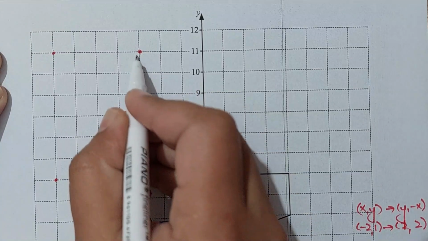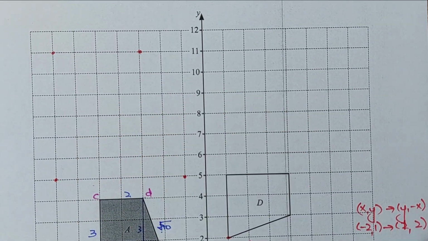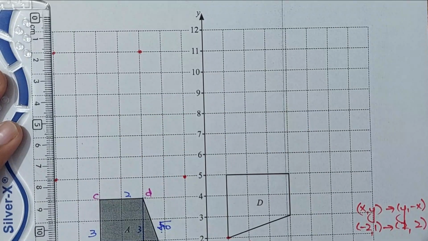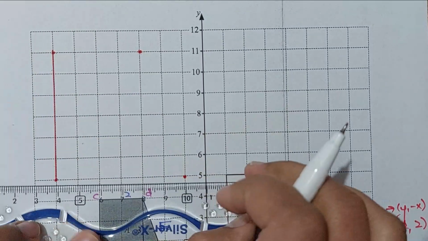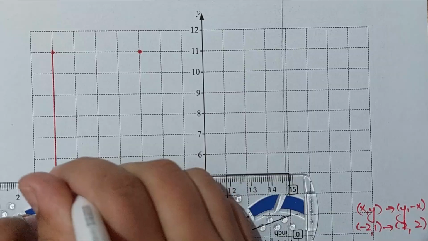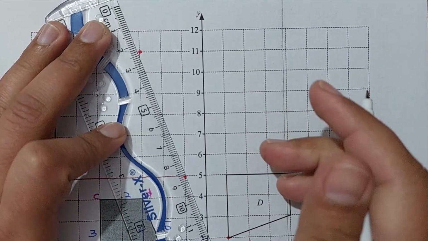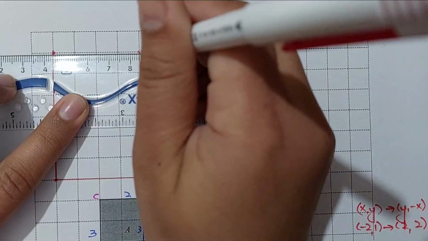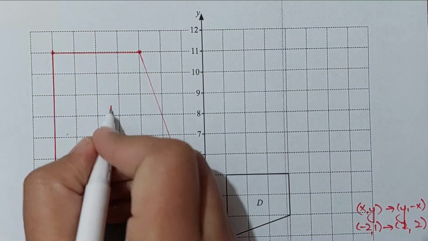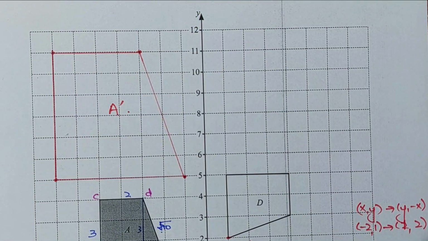So this would be -3 and 11. That would be the shape of the quadrilateral after enlargement. This is a way to find the coordinates of the new shape. Right, A prime we can say.